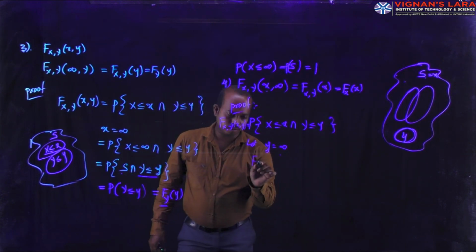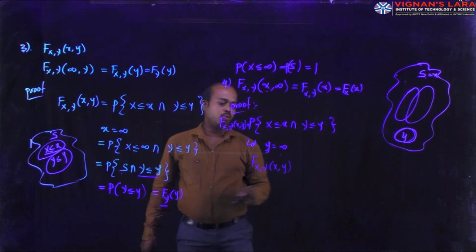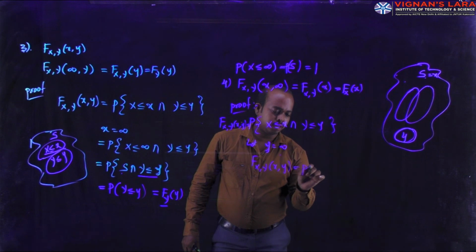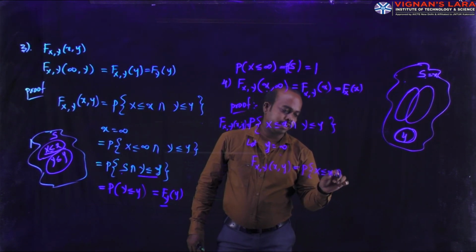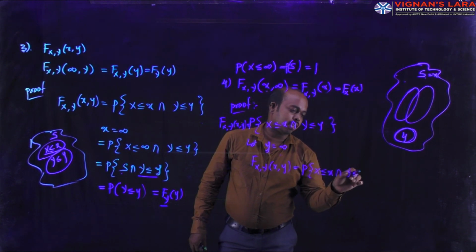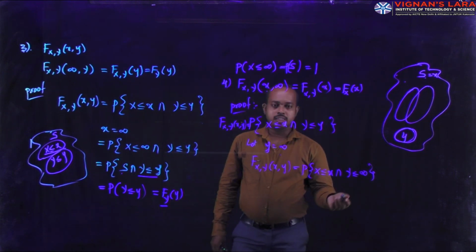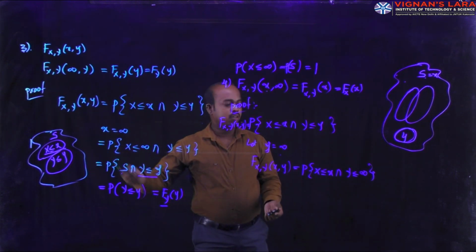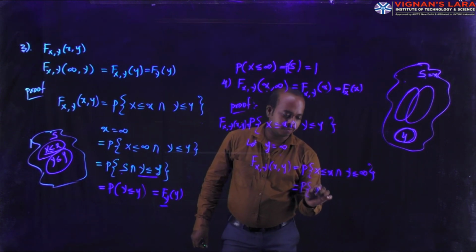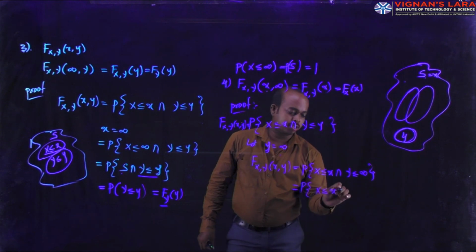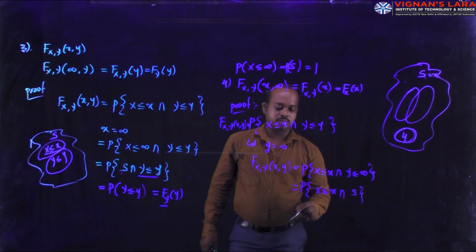In this relation, F of x comma y of x comma y is equal to the probability of capital X less than or equal to small x intersection capital Y less than or equal to infinity. The same procedure as in the third property applies here. Based on that, you can write the probability of capital X less than or equal to small x intersection, with this entire quantity replaced by the sample space.